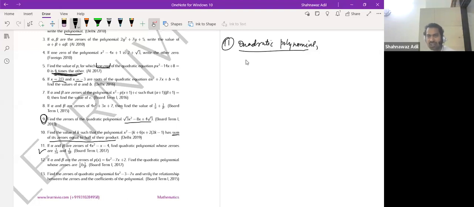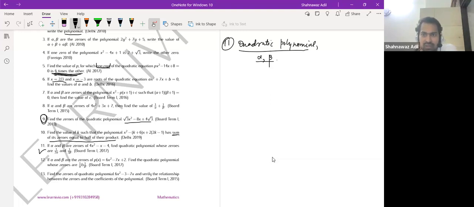You already know the answer, I know, but just remember, think about it. Whenever the zeros are given, so you are given alpha and beta, how do we write the quadratic formula? Yes, Abir, help Amira. Px is equal to x square minus (alpha plus beta) x plus alpha beta.